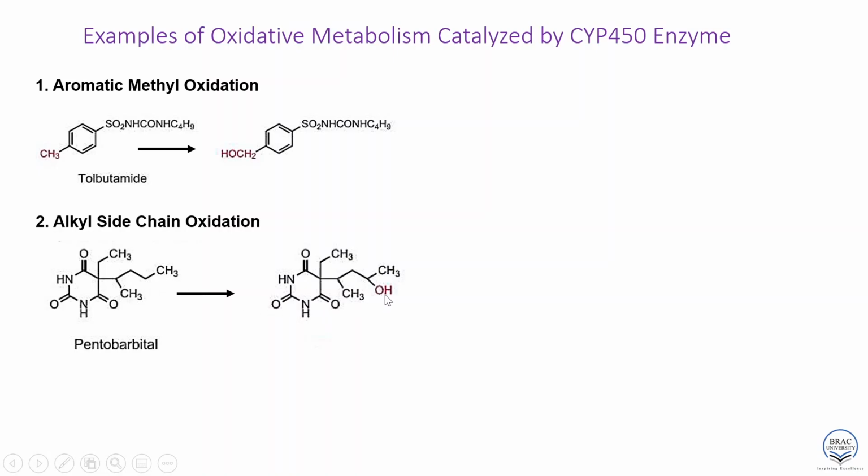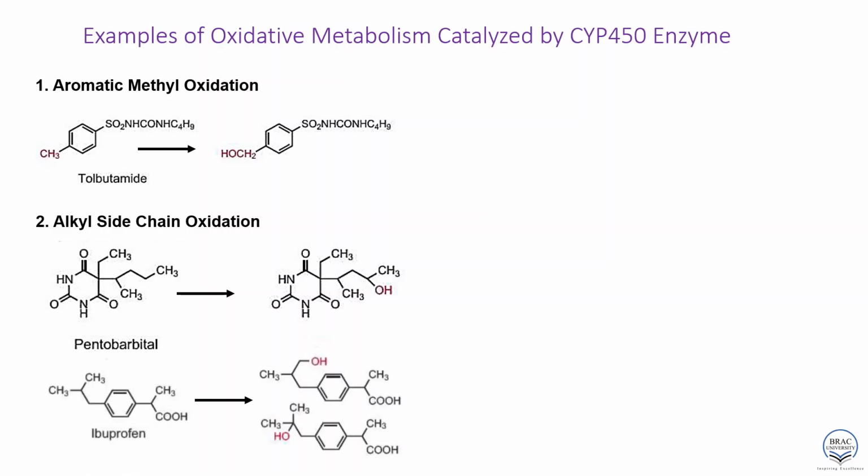In this example, you can see this carbon is oxidized. If the carbon of this aliphatic alkyl side chain is oxidized, a hydroxyl group or oxygen is gained. Another example is ibuprofen, which is the same.